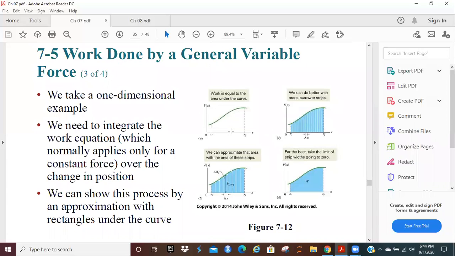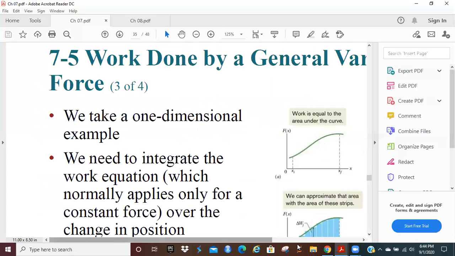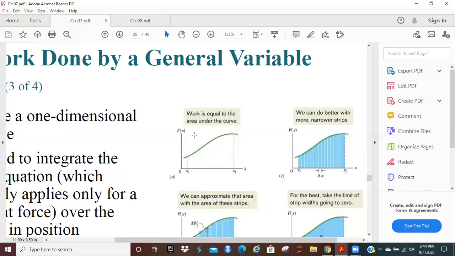All right, so work done by a general variable force. We're going to look at just one dimension, and what we're going to do here is take a force and plot that as a function of x. So this is going to be x, and you can think of this as y, or a function of x.